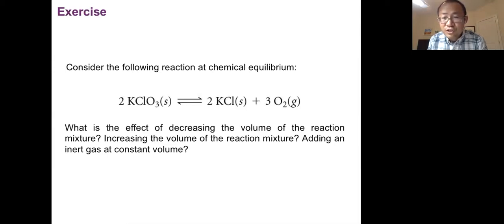So decreasing the volume will shift the equilibrium to the left. Why? Because the stress is too crowded. The system wants to reduce the stress by producing less gas. Shift to the left.